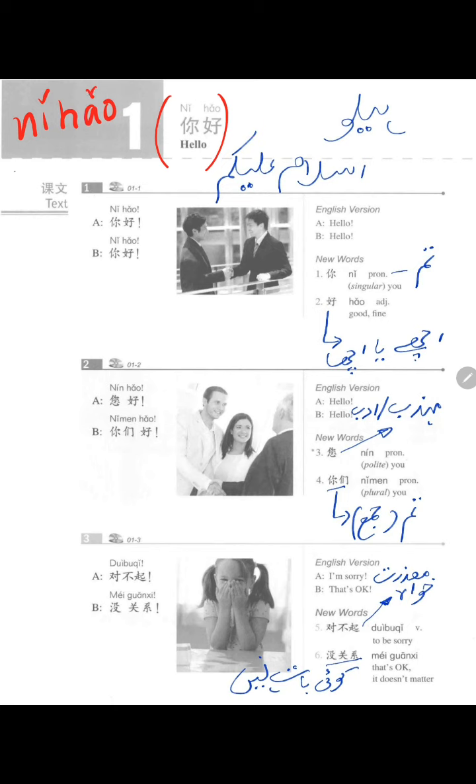Okay, there is a rule that if two third tone marks follow each other one after another, then we convert the first third tone mark into second tone mark, and the second third tone mark remains at its own place.